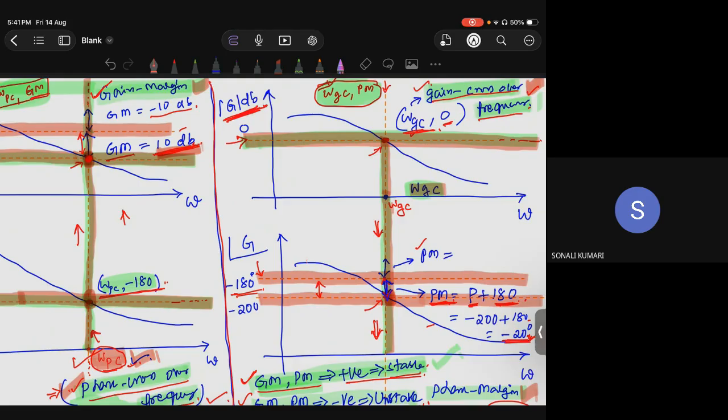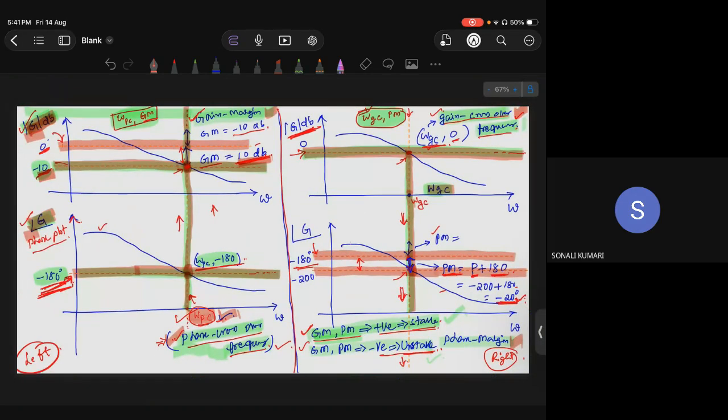That will be your phase margin. It is how much your phase plot is deviated from the minus 180 degree line, up or down. That is called the phase margin. Hope these very simplistic definitions are clear. Is there any doubt in this?